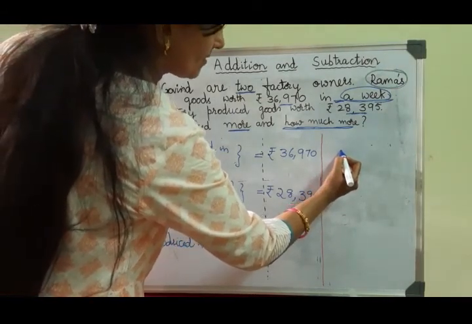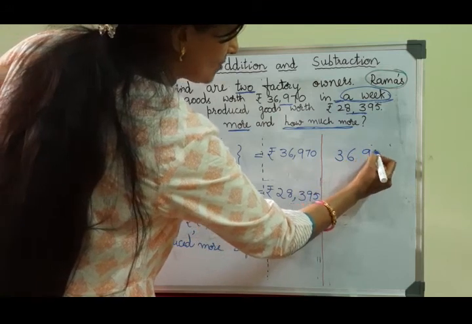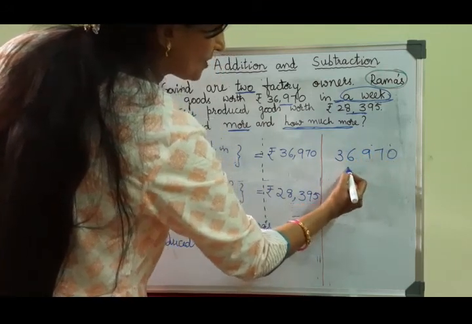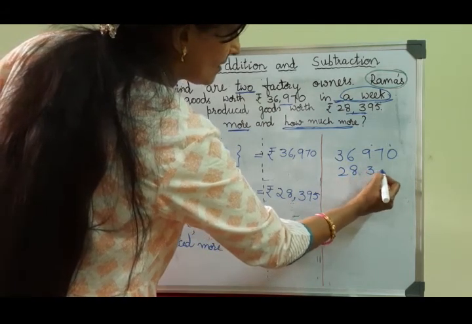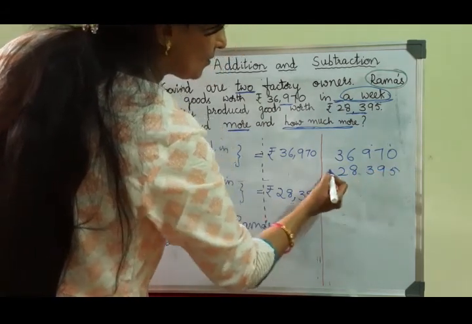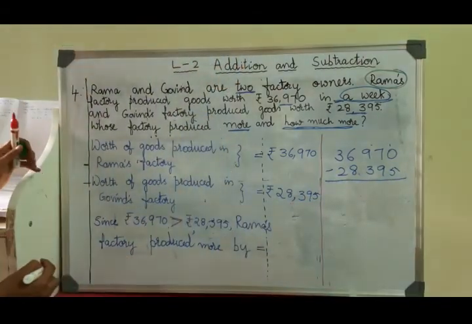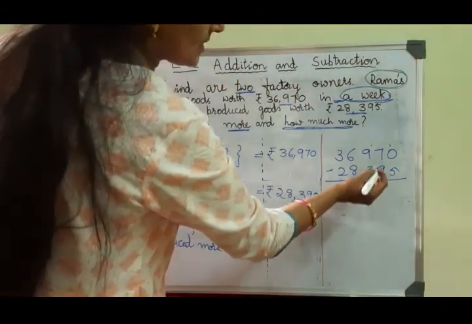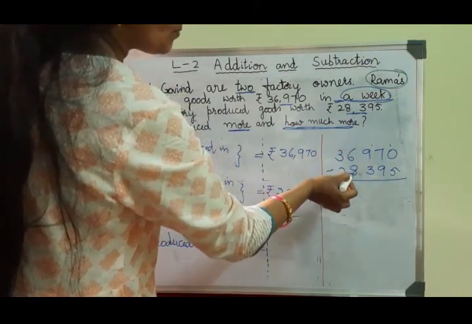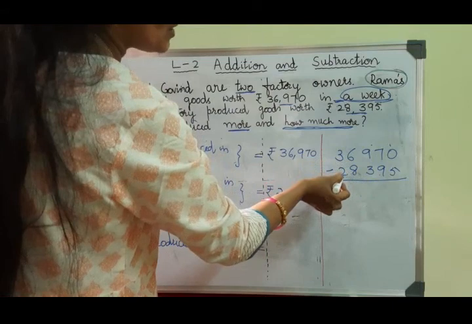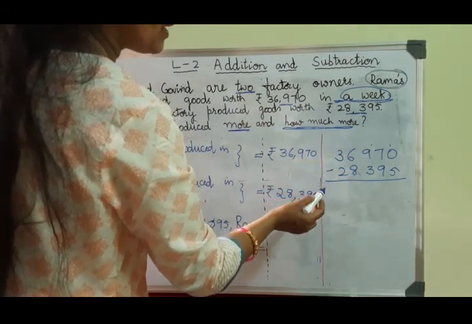We have to subtract the smaller number. It is 36,970. You have to subtract the smaller number, 28,395. Don't forget to write the minus sign. And the places should be aligned perfectly: ones, tens, hundreds, thousands and ten thousands places. All places are perfectly aligned. Like that you have to write.